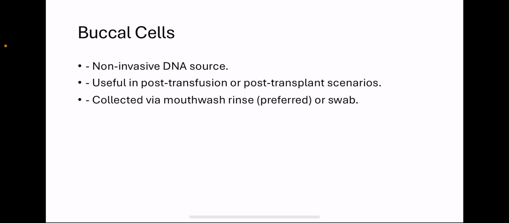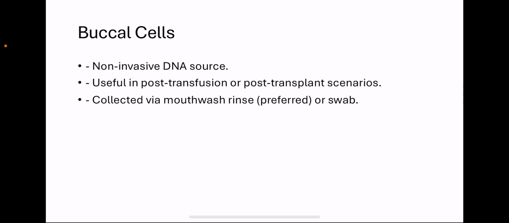Buccal cells, so just like cheek cells, within the walls of your mouth, are a non-invasive source of DNA, ideal for situations where blood-derived DNA might be misleading, such as post-transfusion or after bone marrow transplantation. Mouthwash rinse provides a higher cell yield than swabbing.